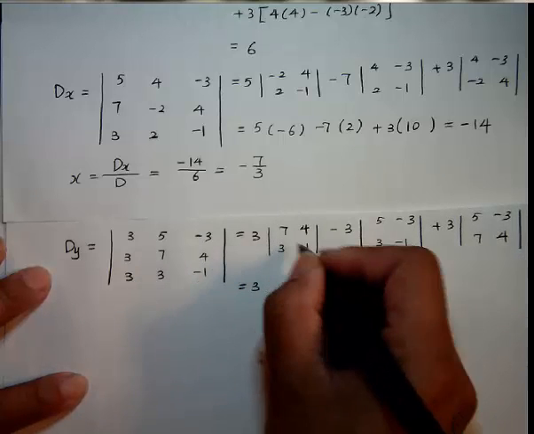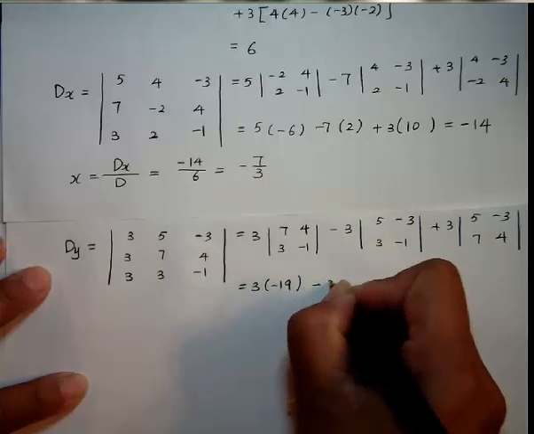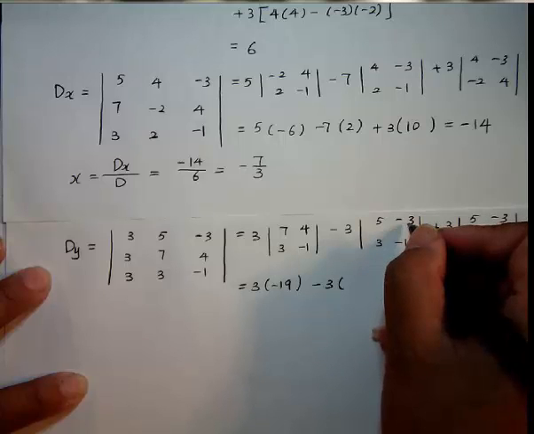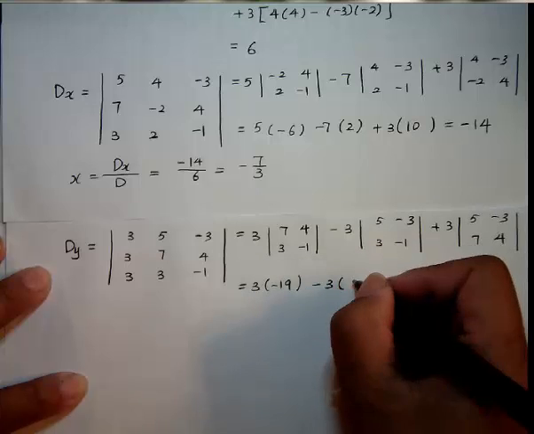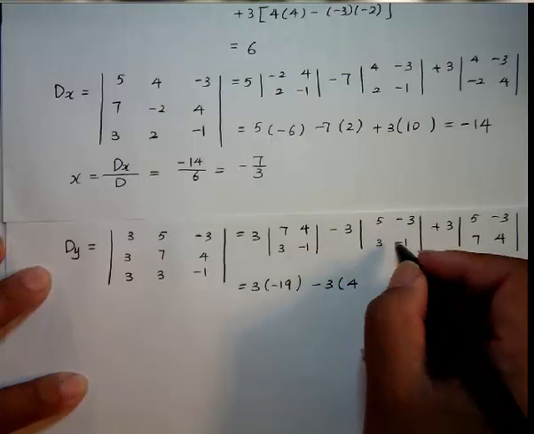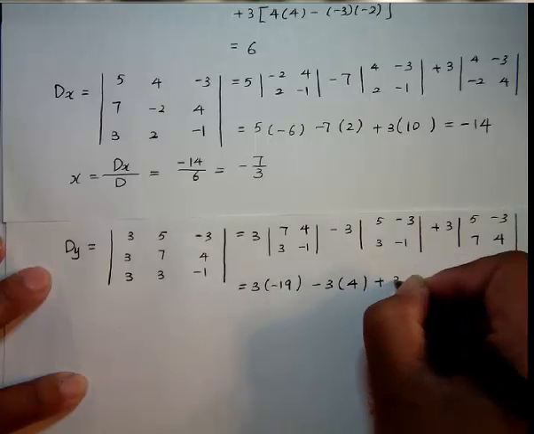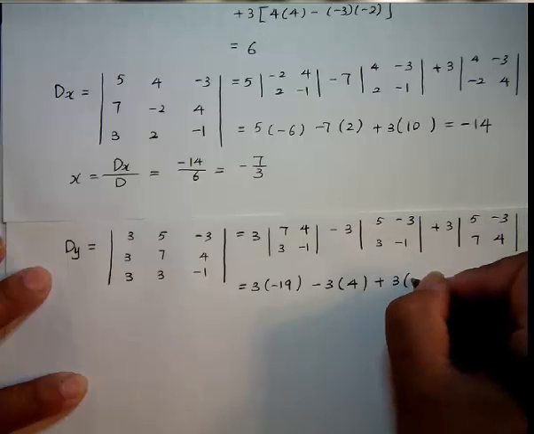3 times 7 times negative 1 minus 12, that's negative 19, minus 3 times negative 5 plus 9. Okay, negative 5 plus 9 is 4. Plus 3 times 28 minus 20 minus 21, that will be negative 41?